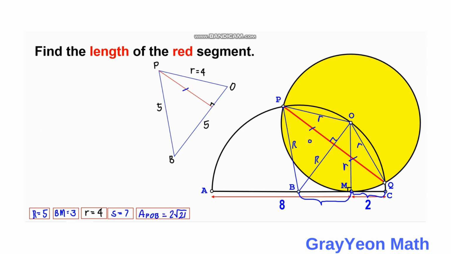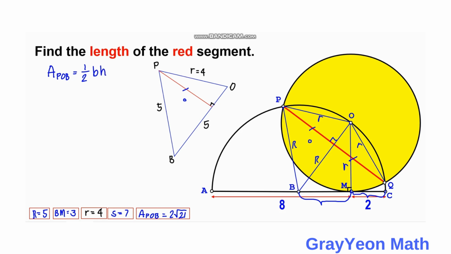Since we already know the area of this triangle, we can write the formula in a different way. The area of POB is equal to 1/2 times the base times the height.